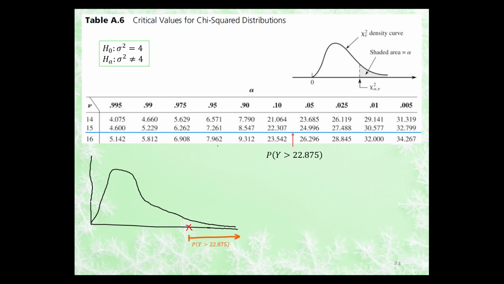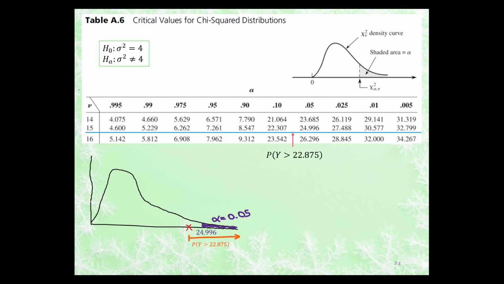Now, if we look at the values here, and we consider the first value, 24.996, you can see the area to the right of 24.996 is 0.05. That's what the table tells us here.